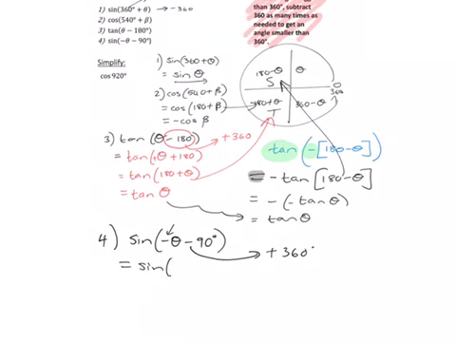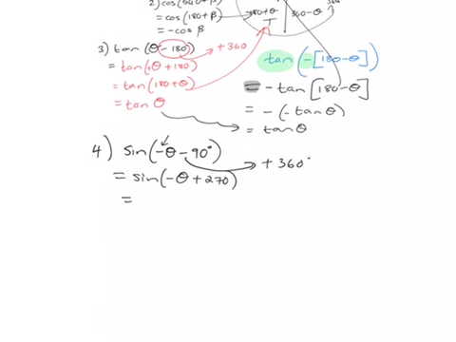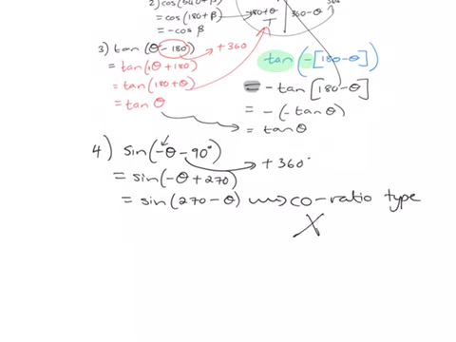So sine of negative theta plus 270, right? So sine of 270 minus theta. I'm just rearranging it. Now this is another co-ratio type, but we don't teach it in school. So don't do it. Some of your tutors might work with it, which is fine, and your textbook works with it, but we don't teach it because it just complicates life.